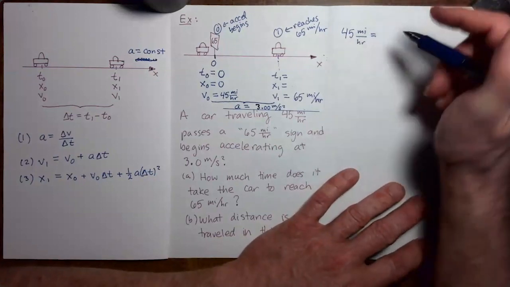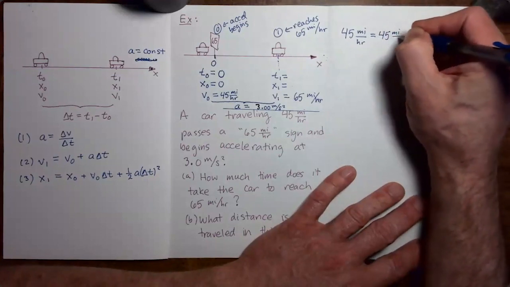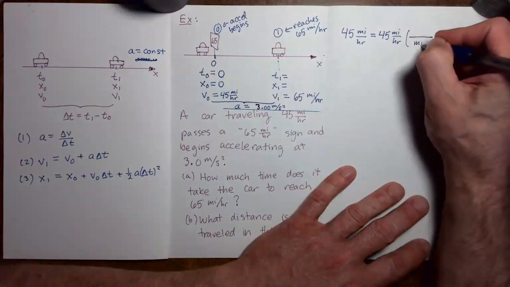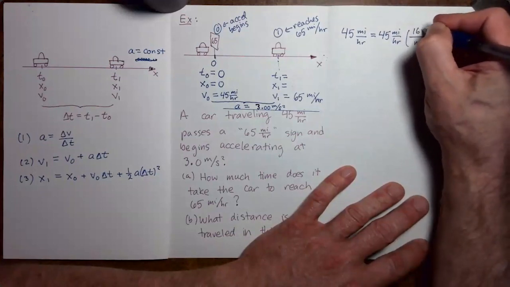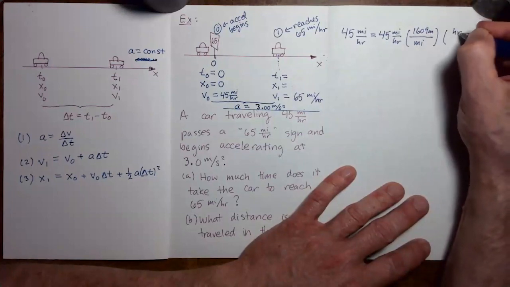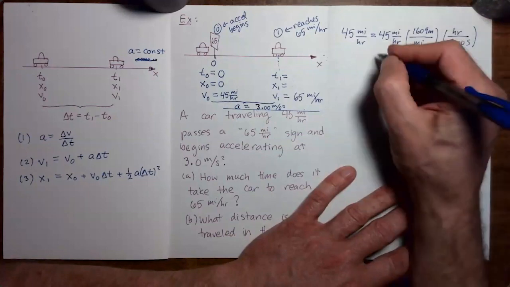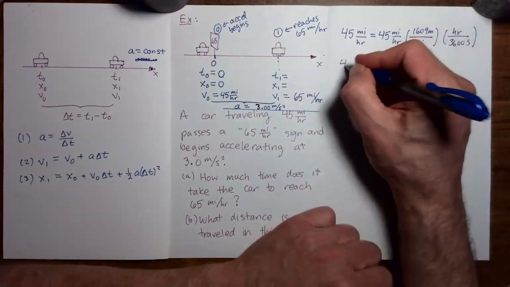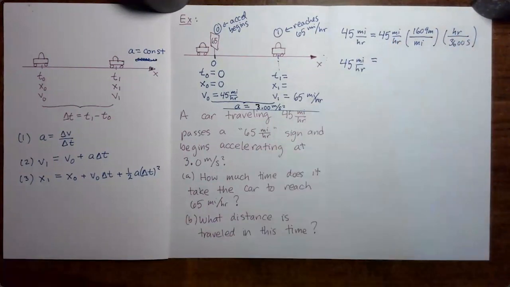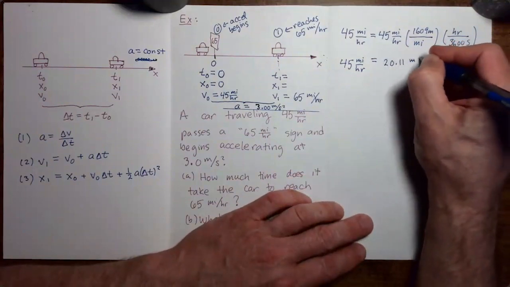So we have 45 miles per hour equals 45 miles per hour. So we put in the conversion factors. I want to cancel out mile. A mile is 1,609 meters. I want to cancel hour. An hour is 3,600 seconds. And when you crunch this into your calculator, I hope you get 20.11 meters per second.